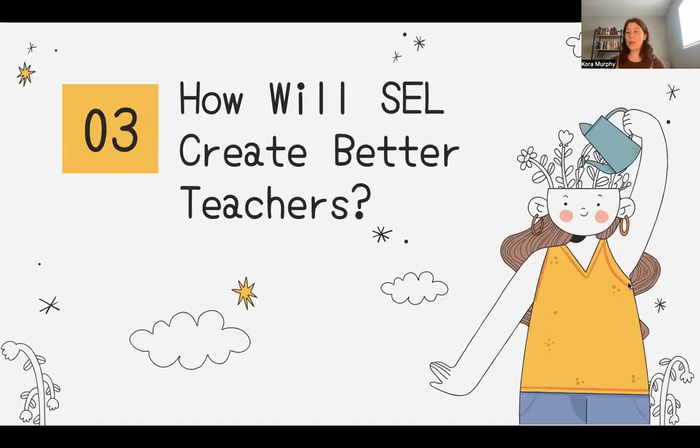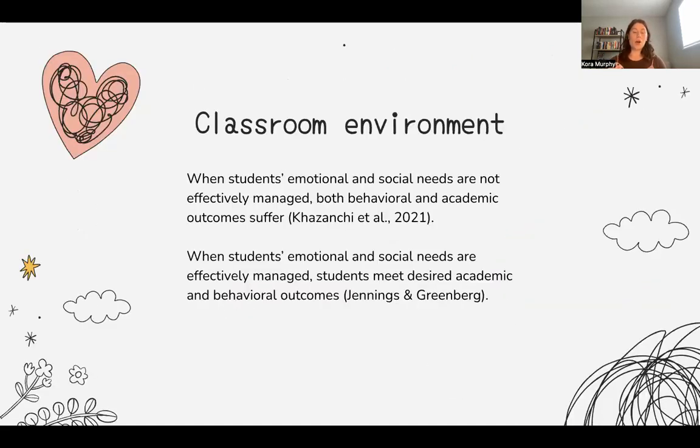How will SEL create better teachers? Classroom environment. This was a major component that I found when conducting research. When students' emotional and social needs are not effectively managed, both behavioral and academic outcomes suffer. When students' emotional and social needs are effectively managed, students meet desired academic and behavioral outcomes.